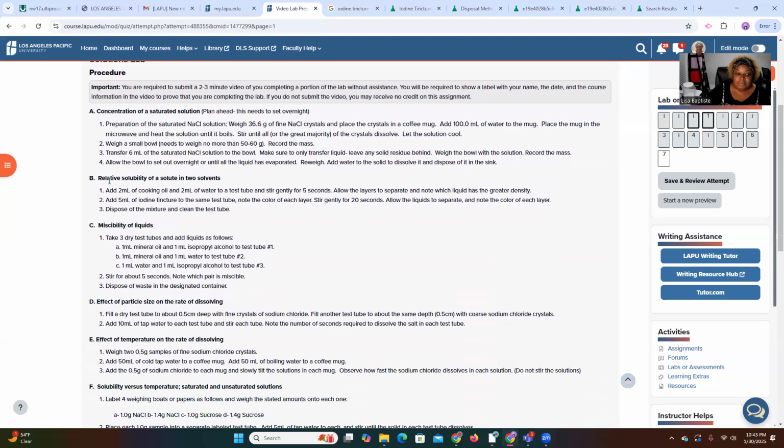Then we get to parts B and C, and for these, you don't want these to go down the sink. This is not how you want to dispose of these solids. For this one, you're working with cooking oil and iodine tincture. It is a small amount, but neither of these can go down the sink.